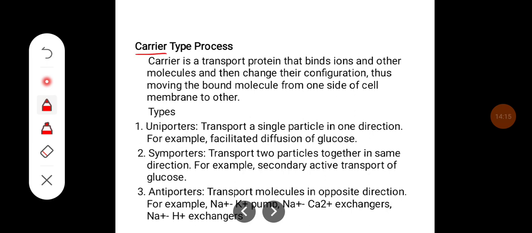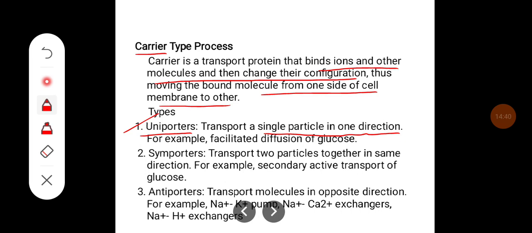Carrier type process. The carrier is a protein that binds ions and other molecules and then changes its configuration, thus moving the bound molecule from one side of the membrane to the other. There are different types of carrier proteins. Uniport, where the transport of a single particle in one direction occurs.